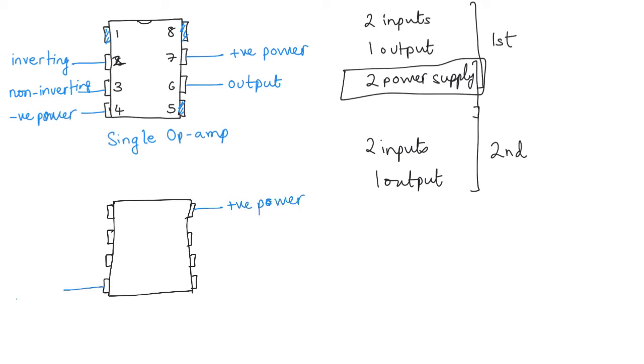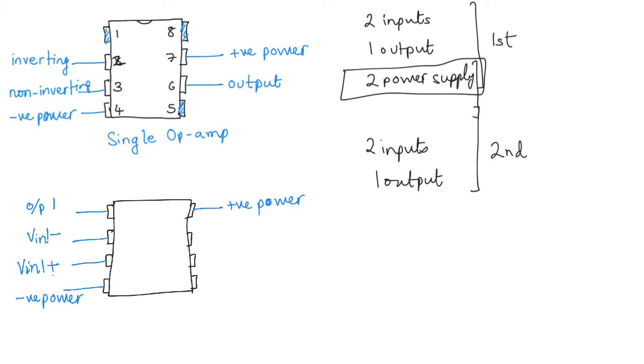This could be the negative power, and this could be the output of the first op amp. This could be the inverting input of the first op amp, and sometimes we write it as V in minus, and let me put 1 somewhere, so V in 1 minus, and this could be V in 1 plus, which is the non-inverting input.